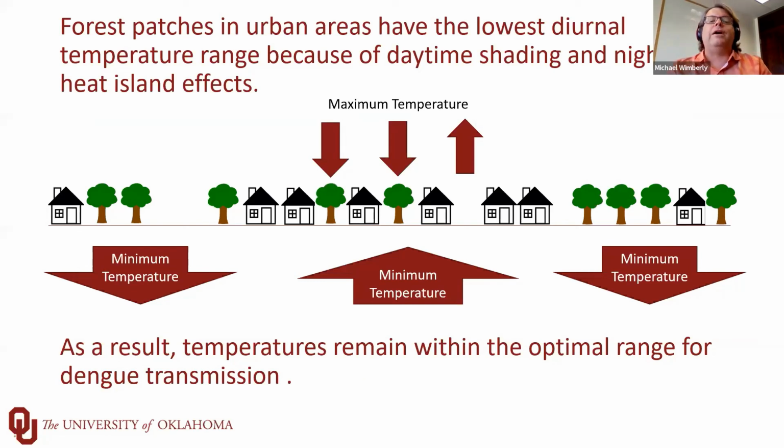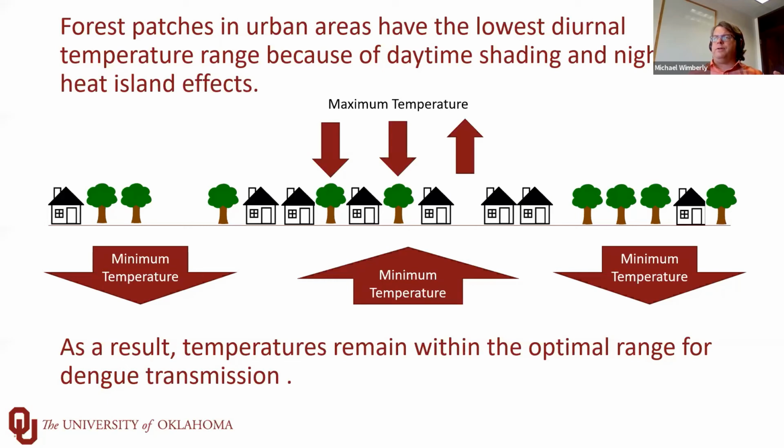And just to sum it up, what we found was that if we look at this stylized gradient from rural areas on the left and on the right to the urban core in the center, the minimum temperature comes up at night because of the urban heat island effect. Where we have tree cover in the city, that brings our maximum temperature down.